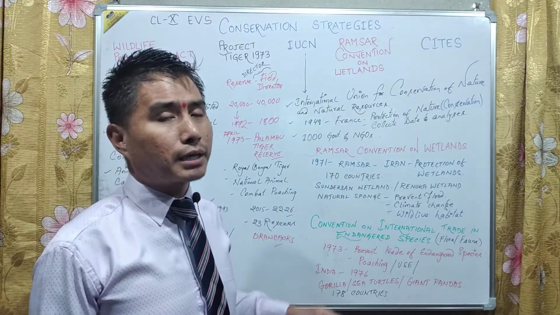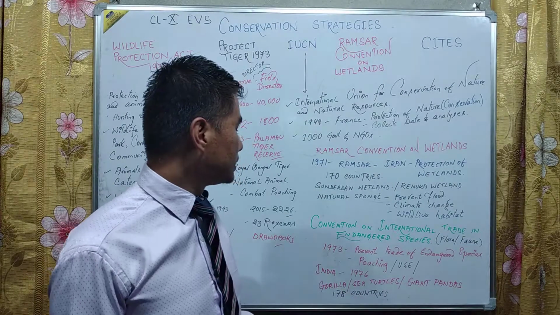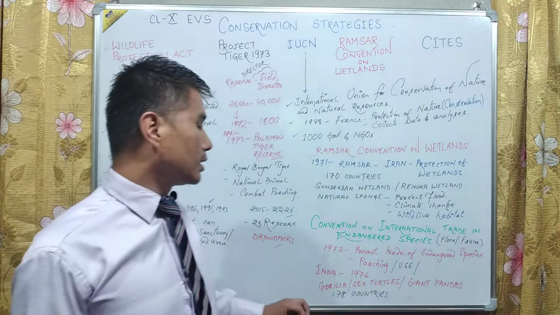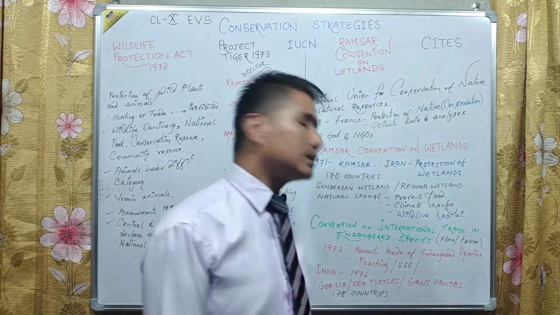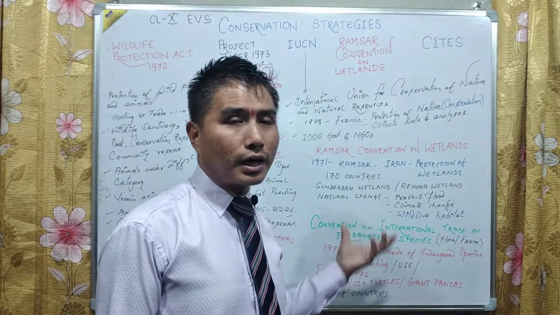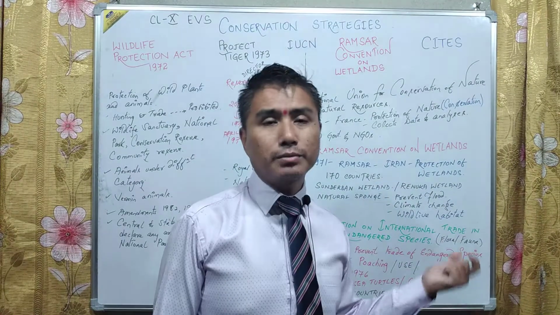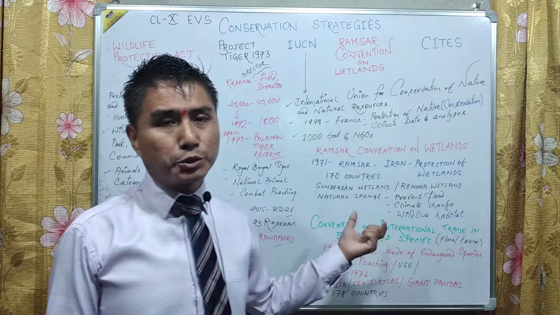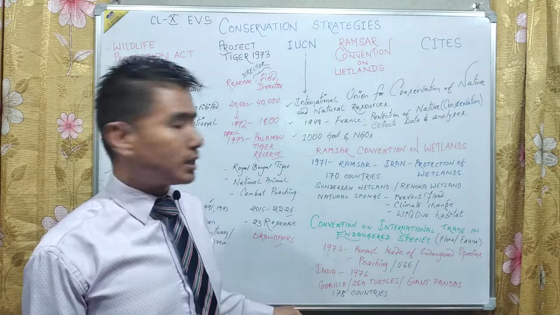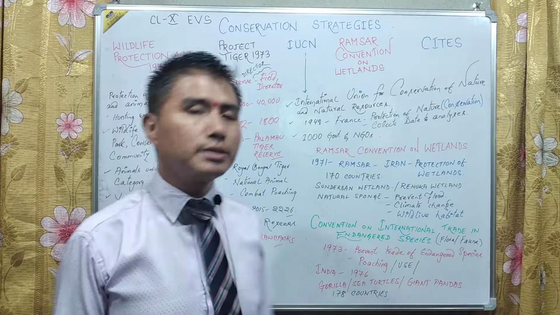India also became a part of CITES in 1976. Certain animals like the gorilla, sea turtle and giant panda are under CITES, which means they are covered as endangered species. Near about 178 countries are a part of this convention.